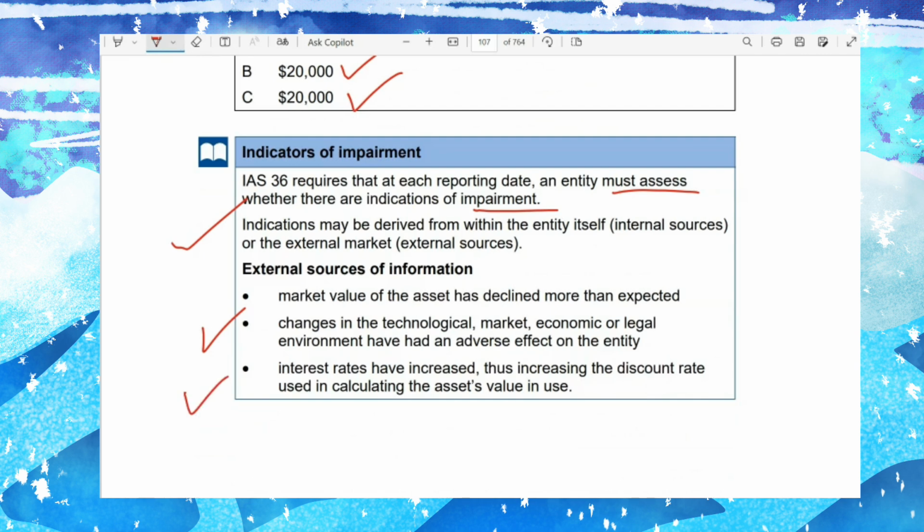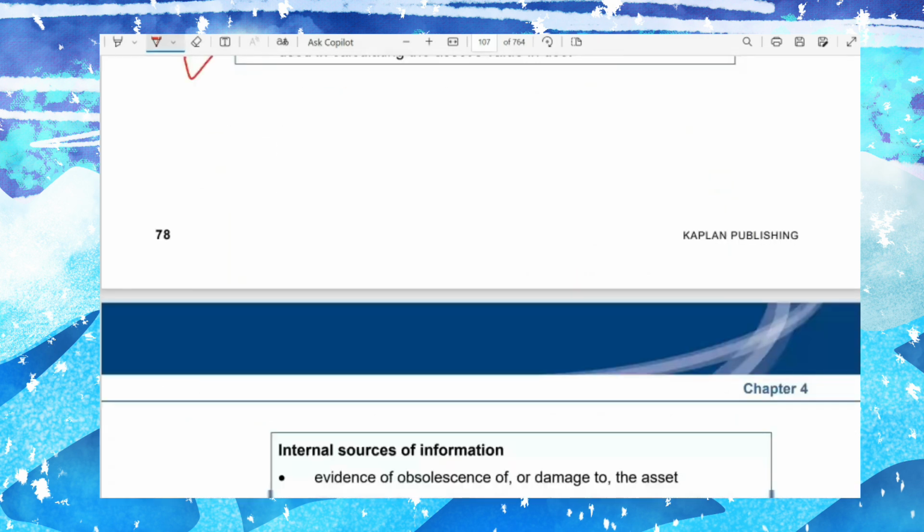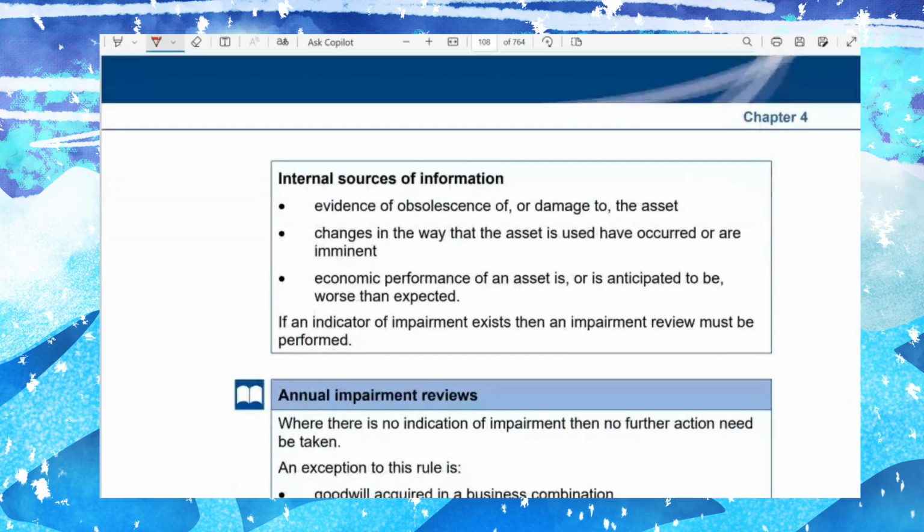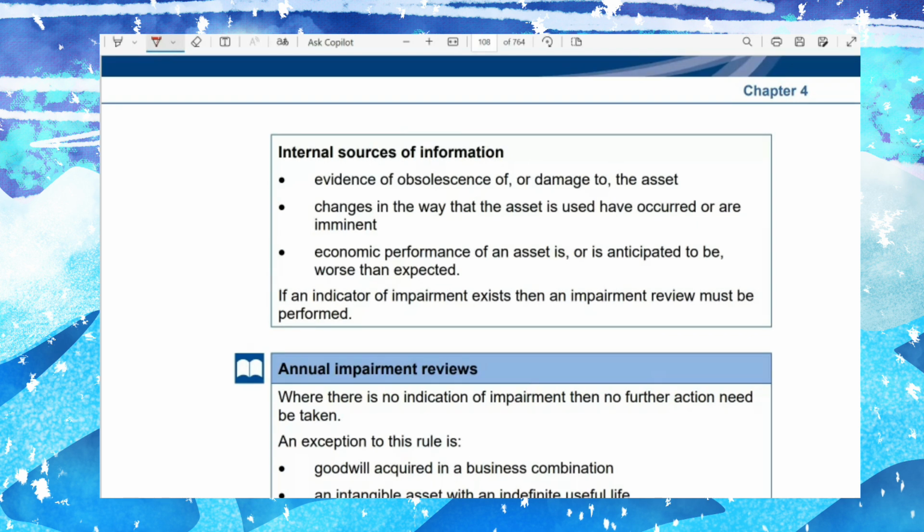Internal sources of information: evidence of obsolescence or damage of the assets. The same thing, if any earthquake or natural calamity happens, or an asset is getting obsolete or new technology is coming, they have to recognize it immediately, like new IT things are coming now. If you have an old system, it is not going to retain its value in use.